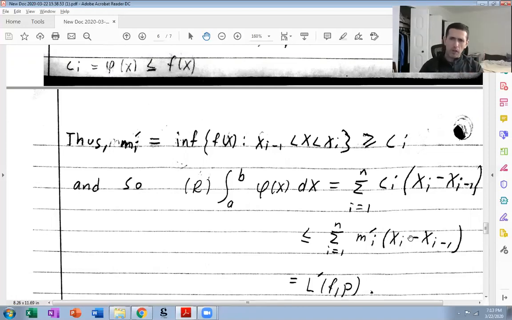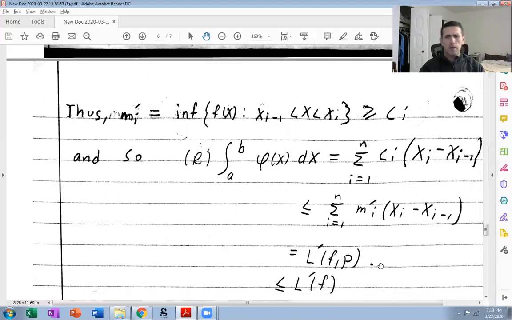Okay. But remember, the lower Riemann integral is the supremum of all such lower Riemann sums. So this specific lower Riemann sum is less than or equal to the supremum. Supremum is an upper bound.